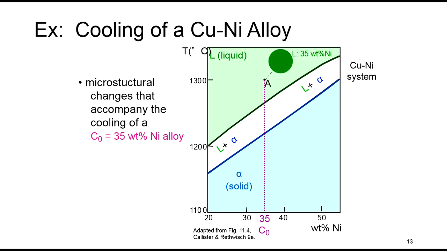Now consider that we are starting from a single phase like this liquid, and we cool down the composition of our system, which is here the copper-nickel system, and we want to see what is happening in the microstructural morphology of the system when we cool it down. So we want to look at the microstructural changes at this point.